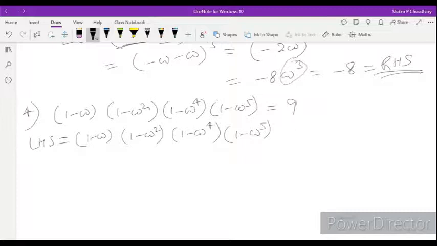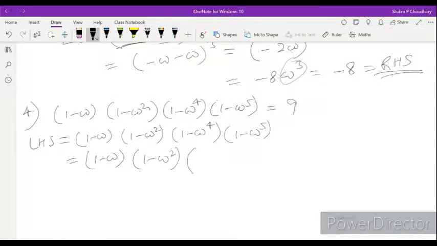So how will we do this? Here we'll write 1 − ω as it is, then 1 − ω².